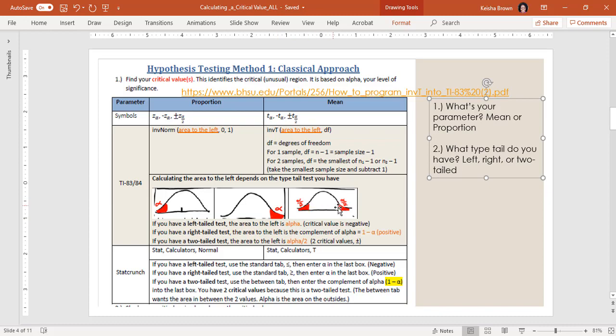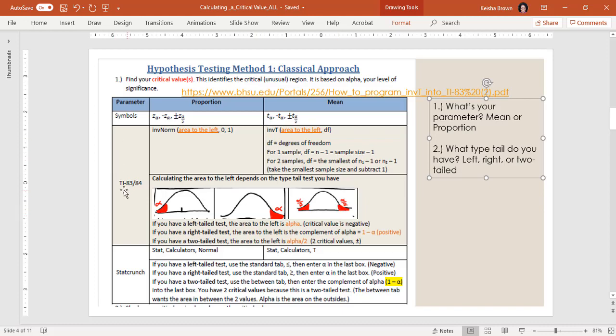If you have a two-tailed test, or if you're doing confidence intervals, that's when you're going to be dealing with z sub alpha over 2, and you see you have a plus or minus sign in front of both of these symbols, z sub alpha over 2 or t sub alpha over 2, because you have two different tails. With confidence intervals, you're only looking at the positive value of the critical value.